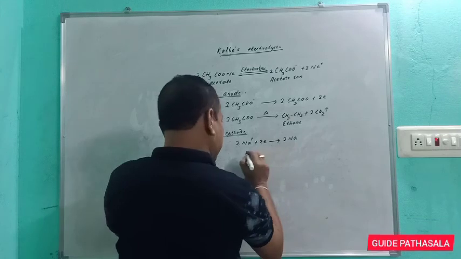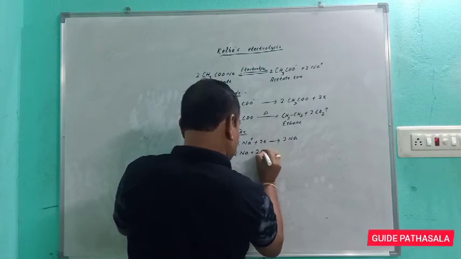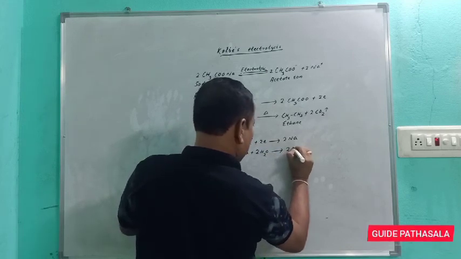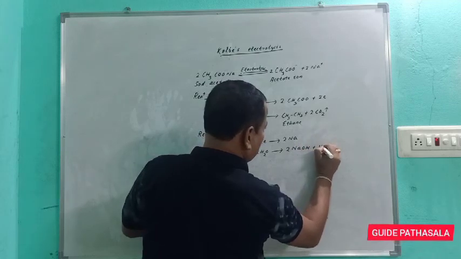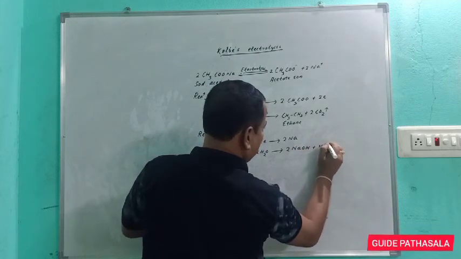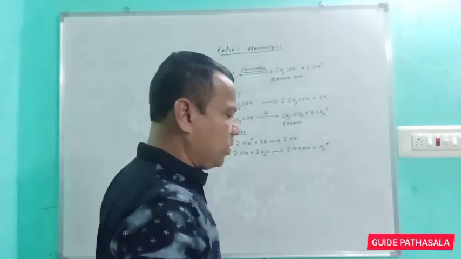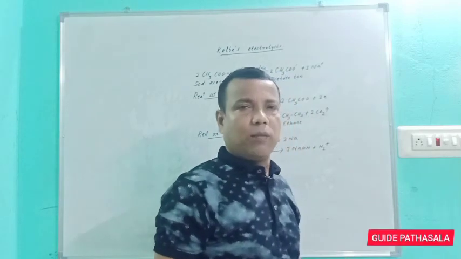As sodium is an active metal, 2Na plus 2 water forms 2NaOH plus H2. This is Kolbe's electrolysis, or electrolysis of sodium salt or potassium salt of carboxylic acid.